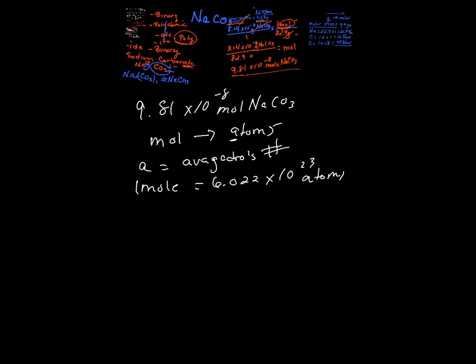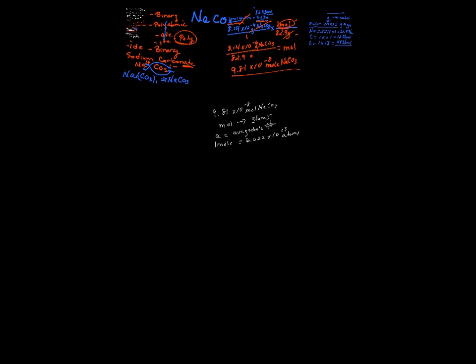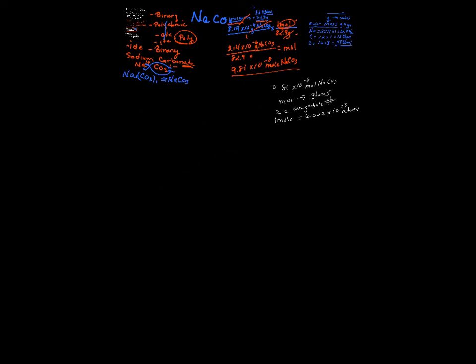All right, so I'm going to just kind of zoom this down a little bit so I can get it out of my way, and then we'll go ahead and start again with our given. Remember, our given always goes over 1, so it's 9.81 times 10 to the -8 moles of sodium carbonate. So I'm going to set up my conversion.